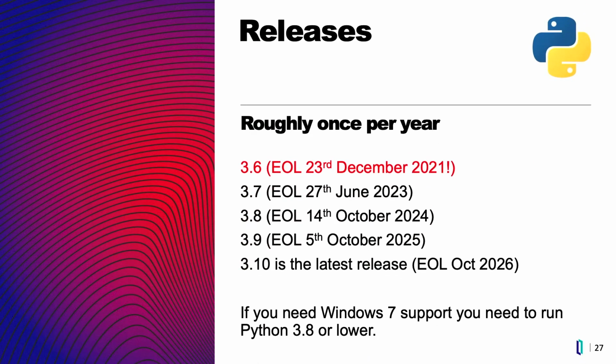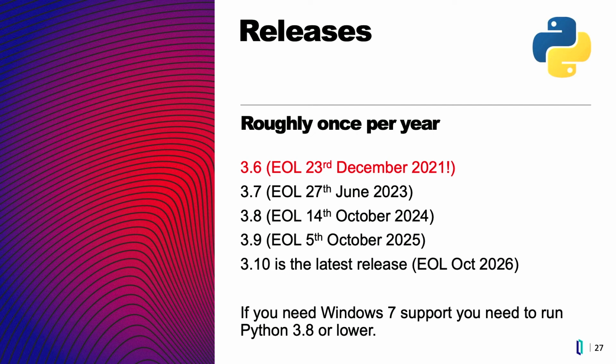So, releases. Actually, Python is moving pretty fast. There's still a stream of 2.x out there in the wild. We don't support that at this stage. We're targeting 3.x only, and that's moving pretty fast. The current release is 3.10.